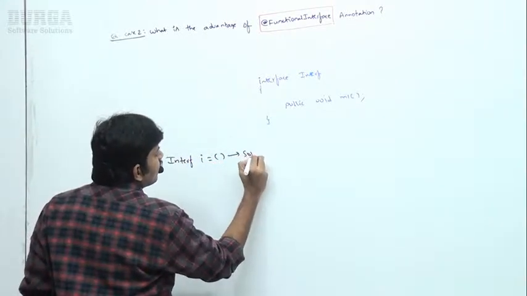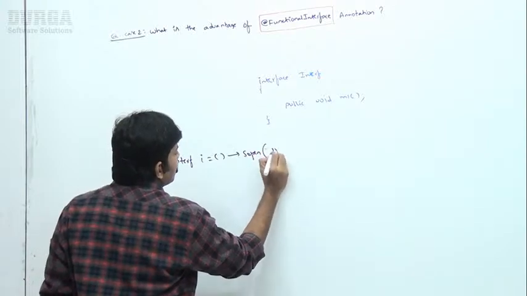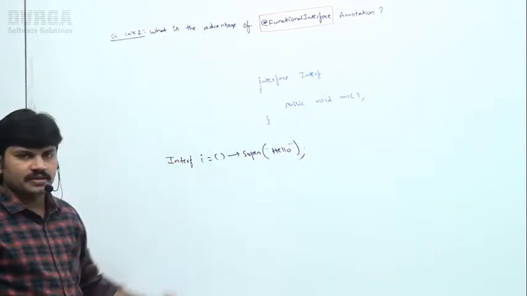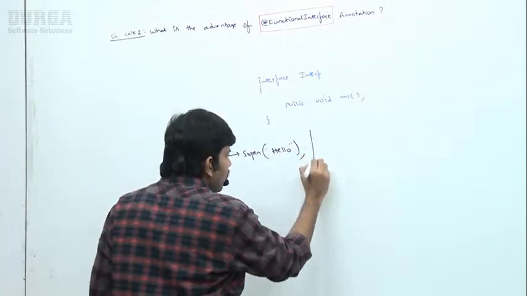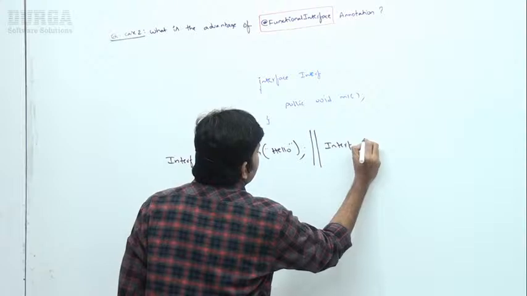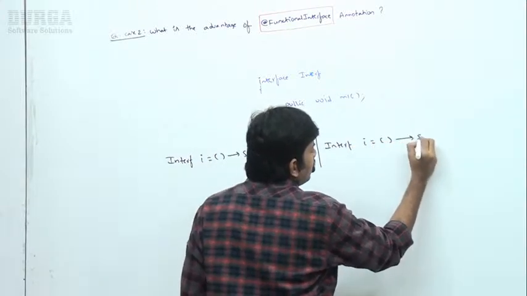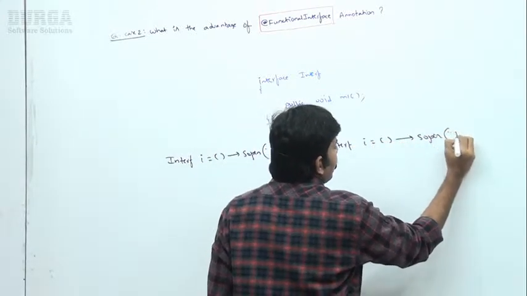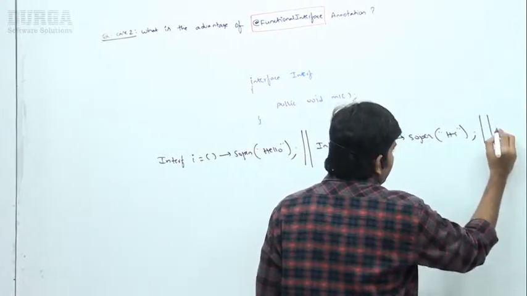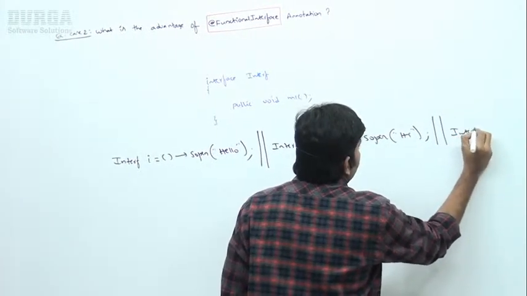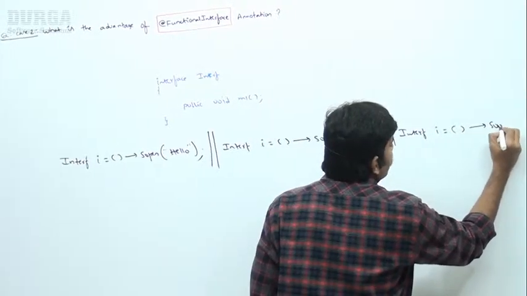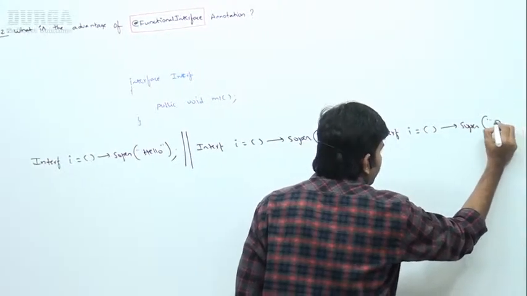Some people provide the implementation as hello, some as system.out.println hi, some as system.out.println lambda.